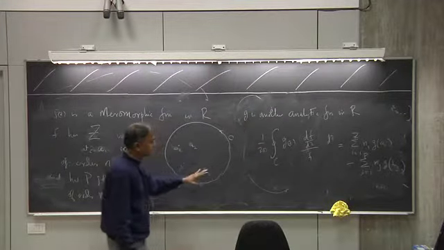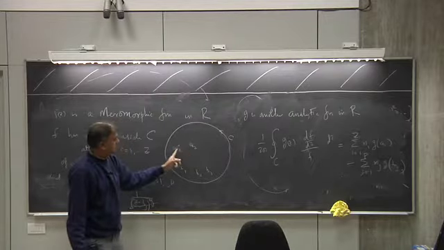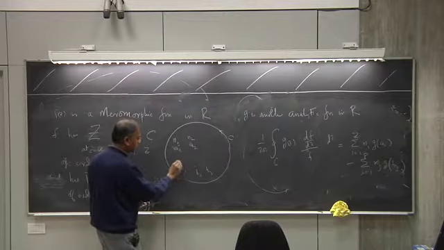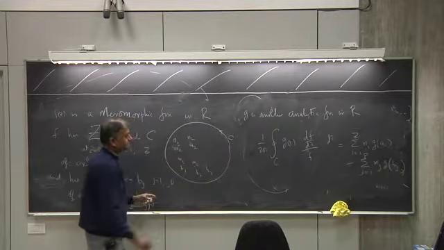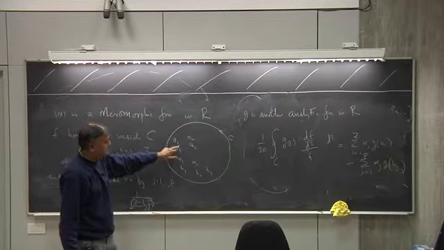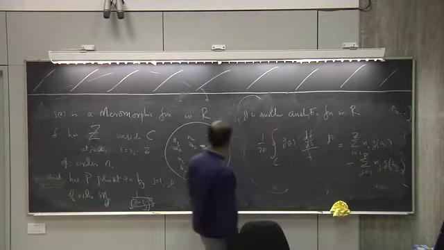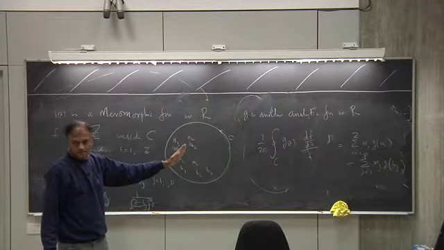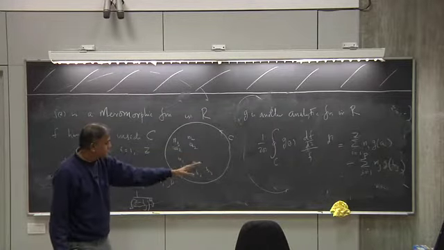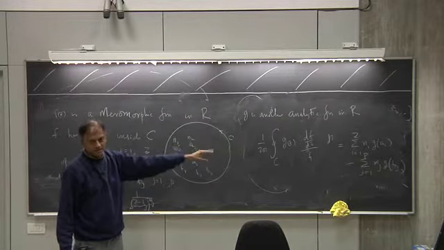So the result of this integral is a sum over the zeros: the order of the zero is n1, n2, etc., and the order of the pole is m1, m2, etc. You multiply the order of the zero at the point a1 by g evaluated at that point, and sum over the zeros. Then subtract the same thing for all the poles: the order of the pole times g evaluated at those points. That is the result of that integral.